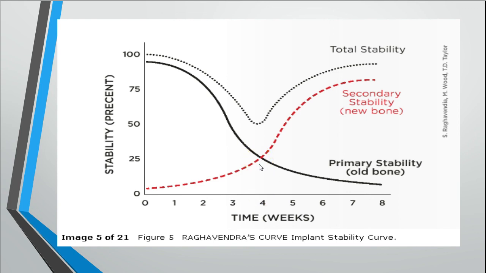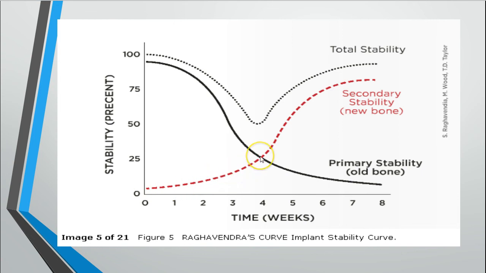We talked about bone death after the osteotomy, and it takes time for the bone healing, the secondary stability, which is the new bone being formed, to happen. So as the primary stability goes down and is weakest at week 4, the bone healing is obviously 0 to start with, and slowly creeps up.